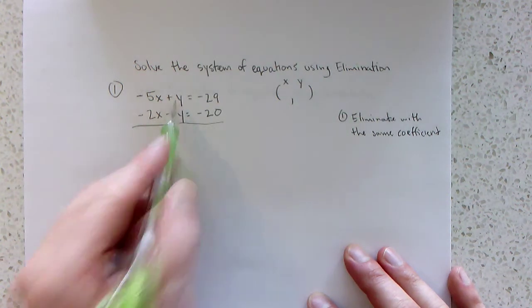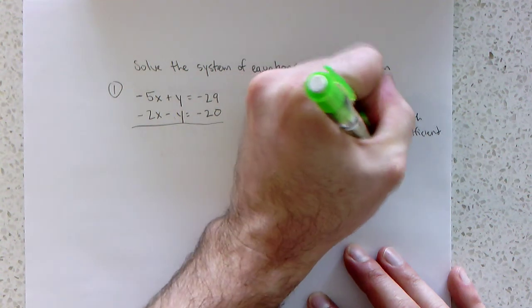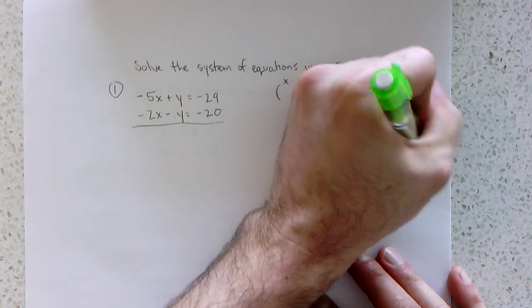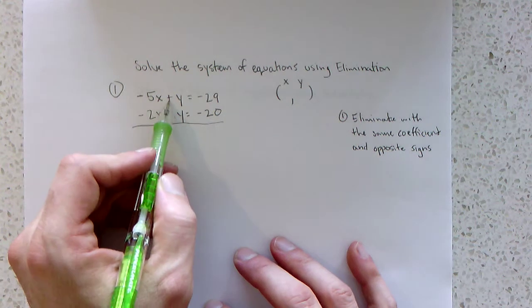So they both have a coefficient of 1. And opposite signs. So in order to get rid of it, they have to have opposite signs, so a positive and a negative.